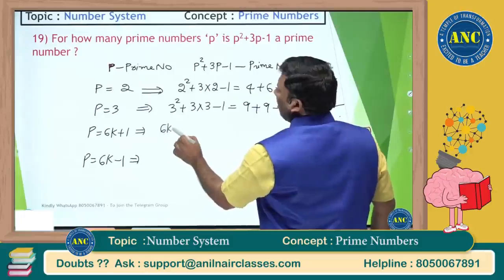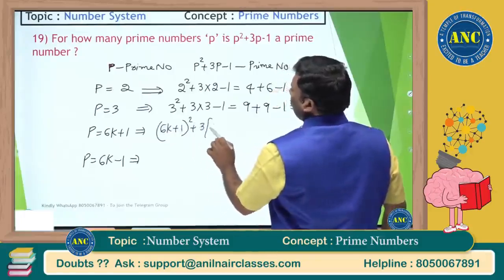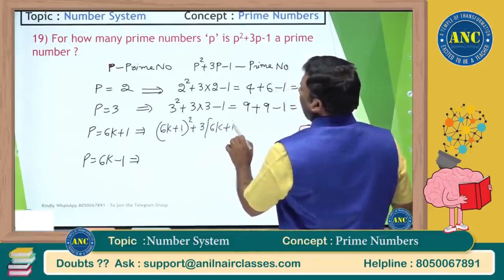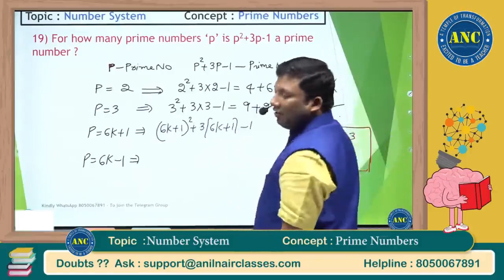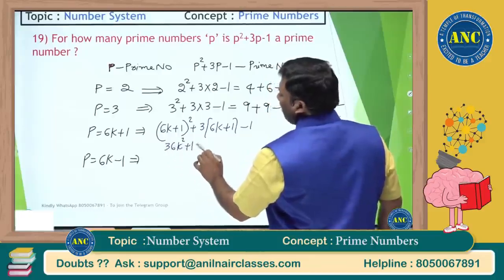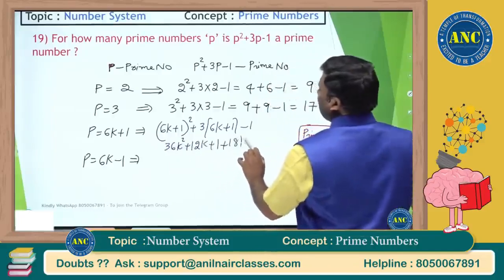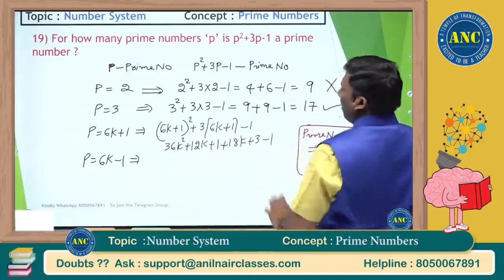So this will become 6k plus 1 whole square plus 3 into 6k plus 1 minus 1. Listen carefully: 6k plus 1 whole square is 36k square plus 12k plus 1, plus 18k plus 3 minus 1.